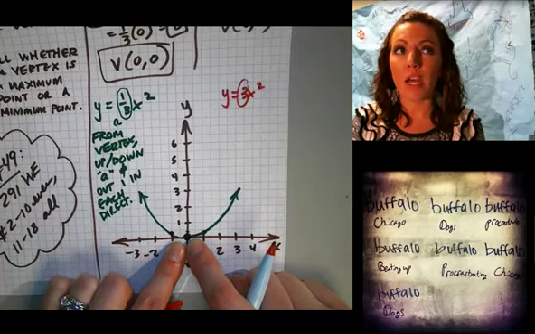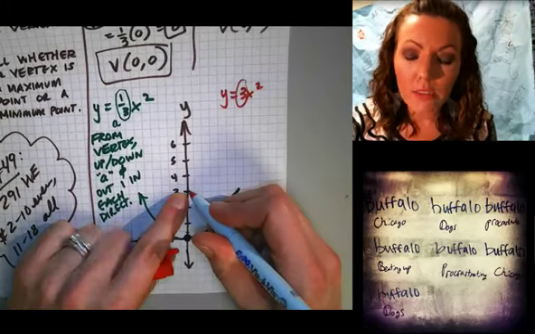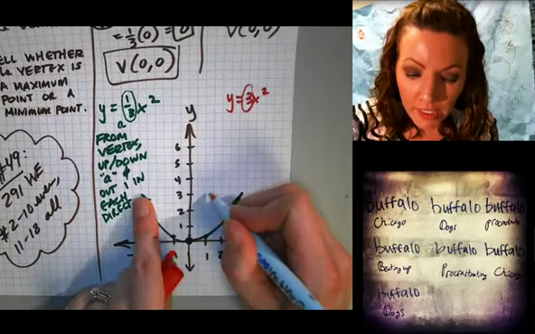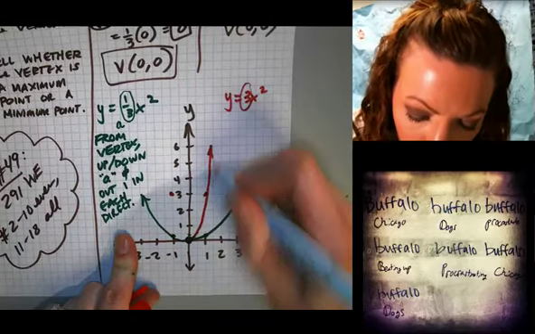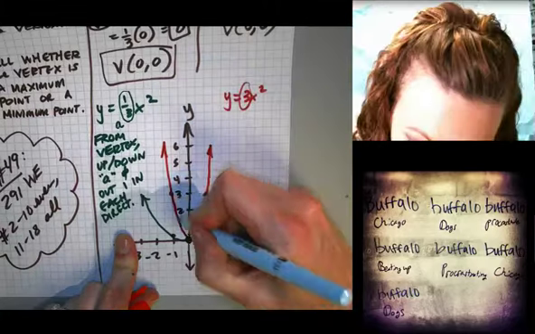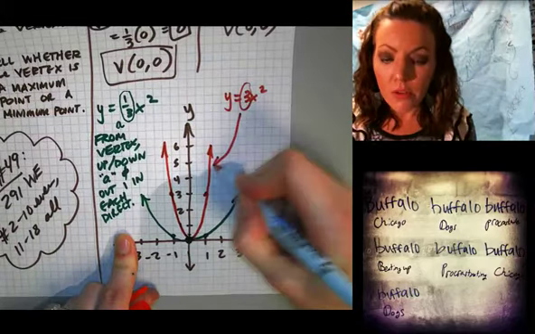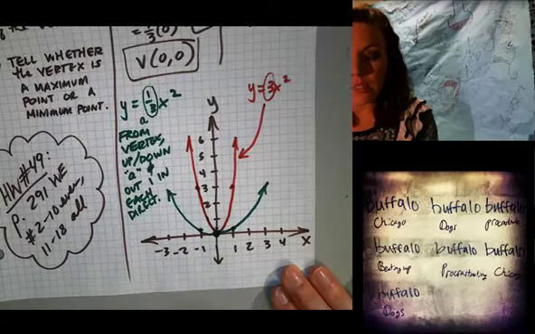How do we tell if it's up or down? Positive. Positive, good. So we go up 1, 2, 3, and then what? Out 1 in each direction. Okay, so you can see, now if you were to do a table, these values would match what we're doing. So you can see that the y equals 3x squared is a lot steeper than the 1/3.